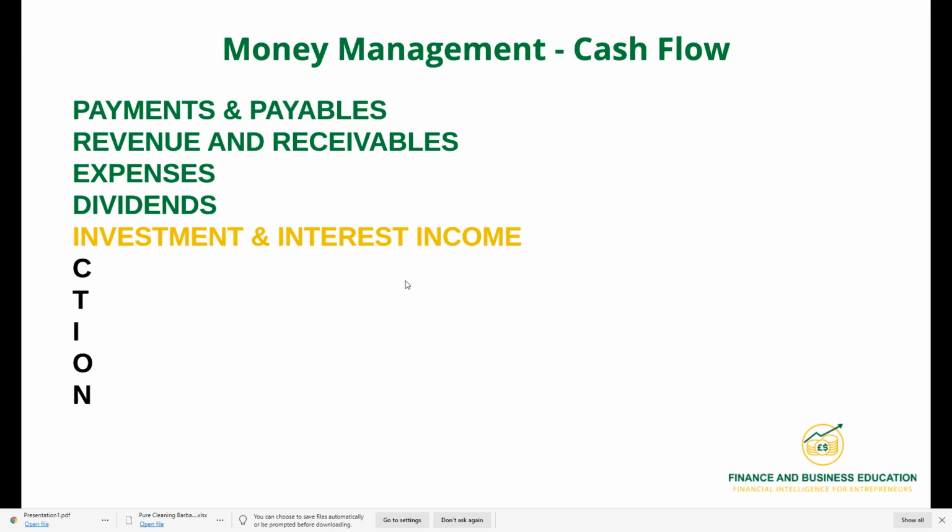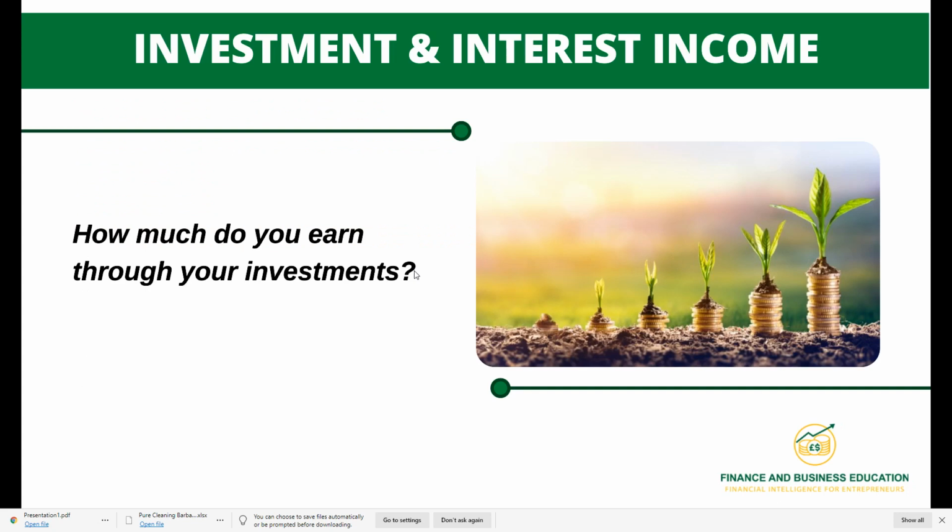Interest income is when you also invest, where you can put money on deposit and you get interest income. Or if you invest in certain unit trusts, or if you invest in bonds, you get interest income. As we explained some of this in the investment section.